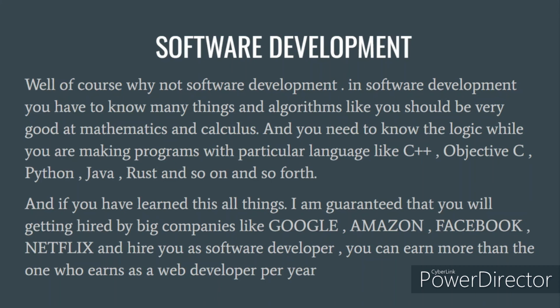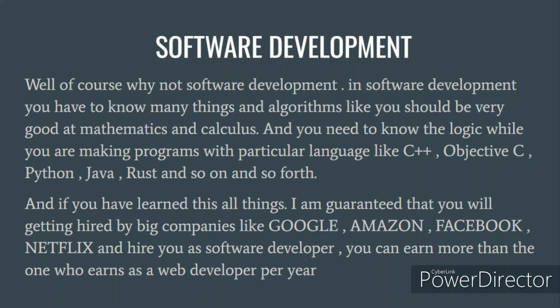Okay, so that is the point. When you learn software development, I guess you know how much salary you will be getting if you work in Google, Amazon, Facebook, or Netflix. And yeah, these are the things that software development involves.